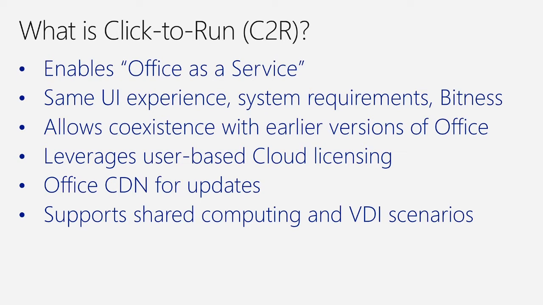So they get pushed down from a client perspective and then enabled. So it gives you that Office as a service feel, ever changing, always updating, new features, security patches, et cetera. Security is released obviously in our MSI products as well. But what you do get is that monthly cadence or bi-yearly cadence on features. You also get the same UI experience that we have on our MSI platform.